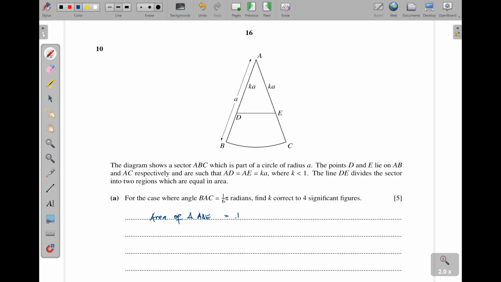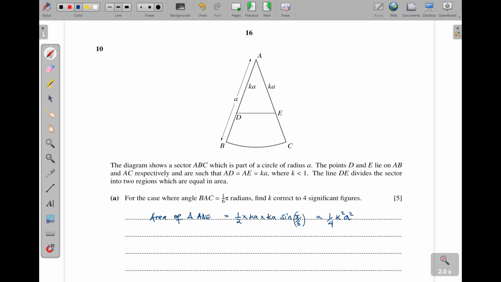This one is going to be equal to a half, then times this side and then this side. That is KA times KA, then sine of the angle that is in between, which is formed by these two sides. And we are given pi over 6. So sine of pi over 6 is a half, then times a half. That one will give us a quarter. Then K squared, A squared.